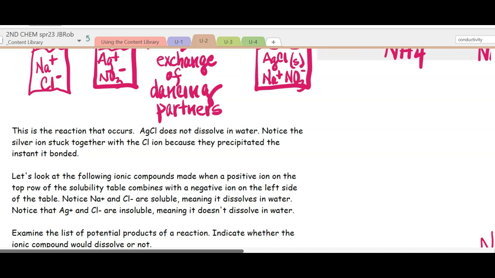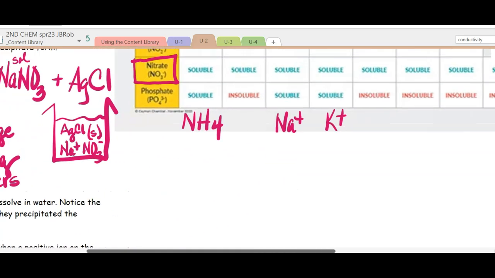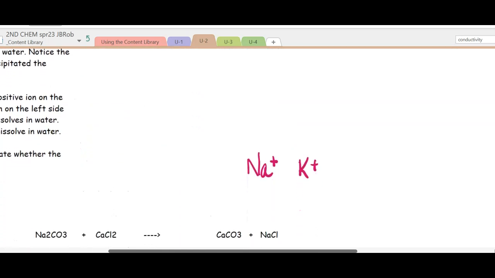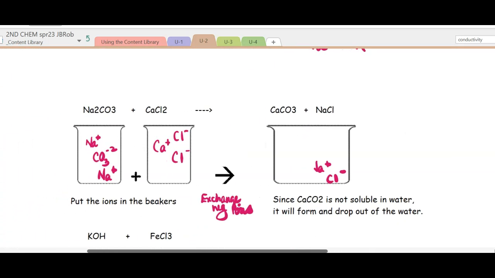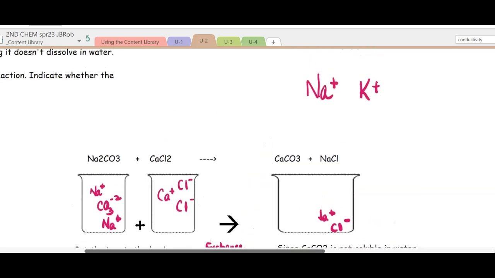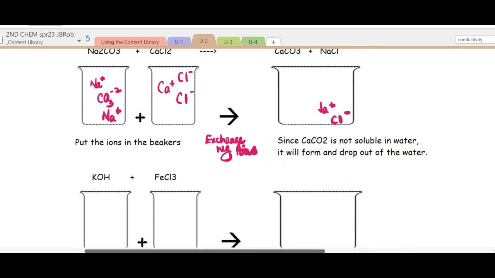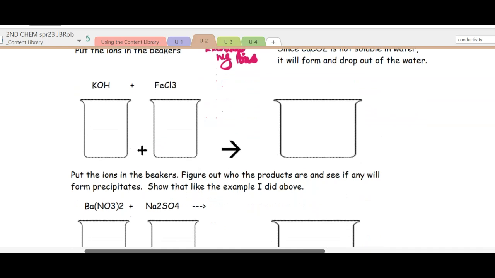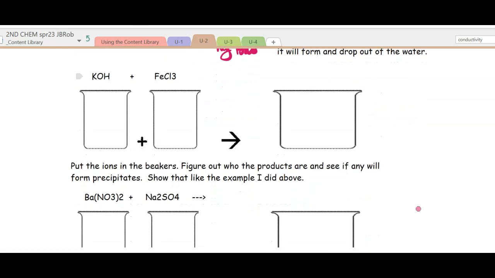All right, so let's go over here now and talk about these reactions. So you were supposed to figure out these reactions as well. All right, KOH, we know this is soluble because all potassium compounds are soluble. And so what would be in it?